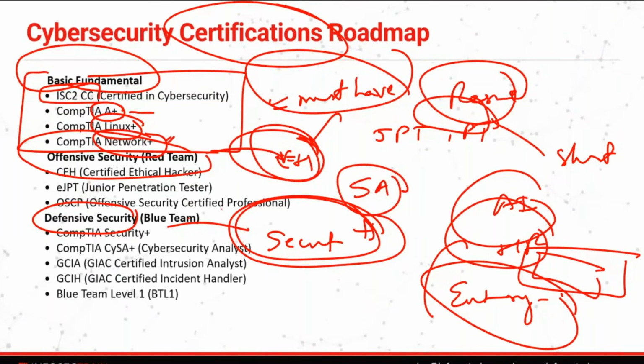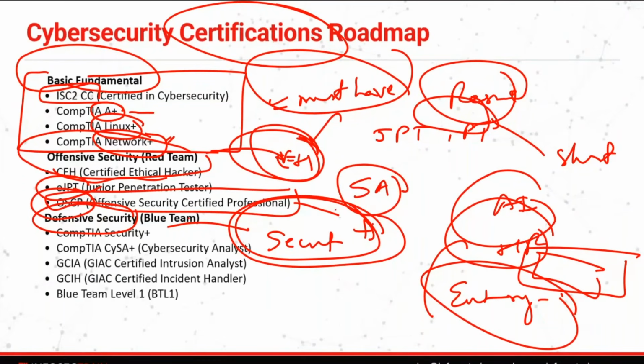Keeping this in mind, let us focus more upon the offensive side now. On the offensive side, after you have completed your CEH, you can go for EJPT. And after EJPT, we have OSCP. This is a very well reputed certification you can go for on the offensive side.